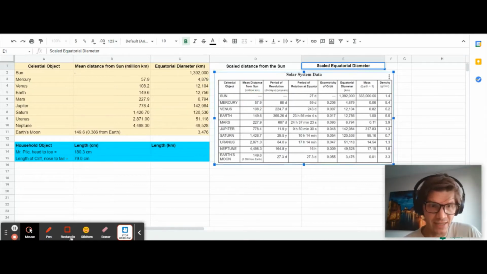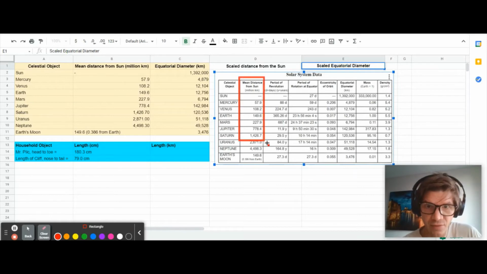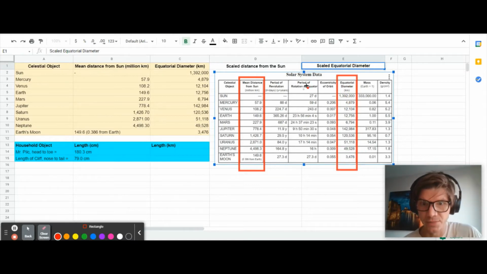So what I did is I just took our mean distance from the sun for each celestial object and the equatorial diameter in kilometers. And I also went out and I collected some data on things from my household. So I got my height in centimeters, and I got the length of my cat from the tip of his nose to the tip of his tail.